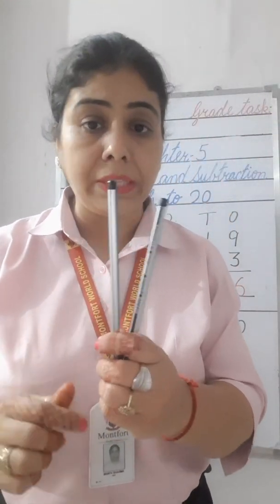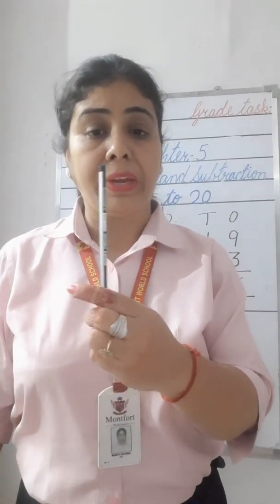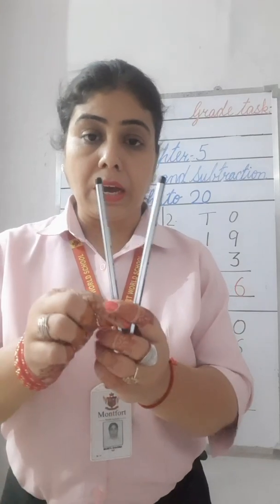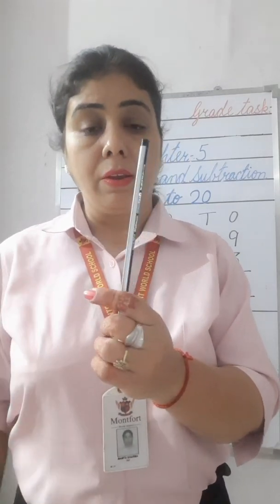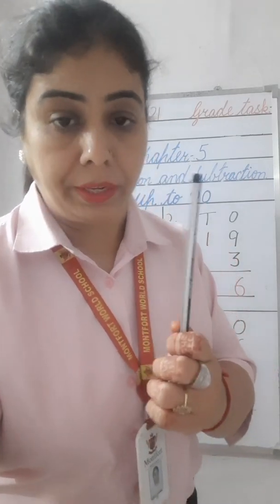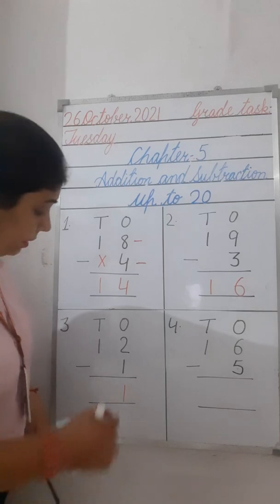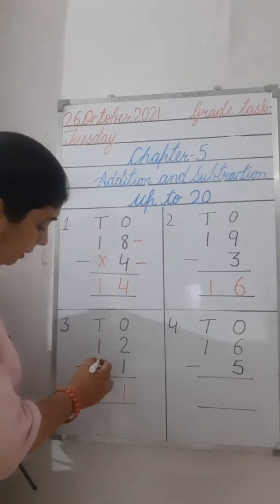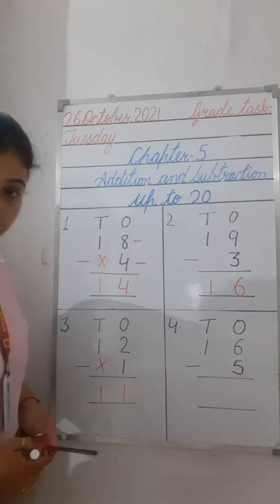I am having 2 pencils. Now someone has taken 1 from me. If someone has taken 1, how many are left? 1 only. So here we will write 1. And in place of tens, here nothing is there. So this one I will write same here.